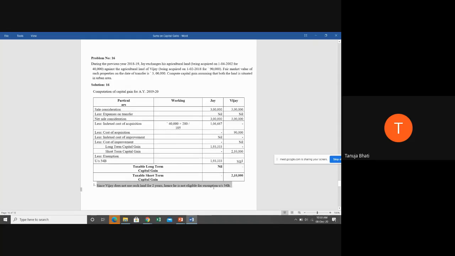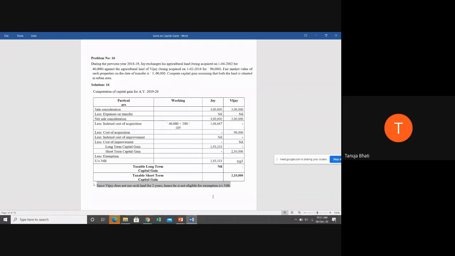Since Vijay did not use the land for 2 years, he is not eligible for deduction under section 54B. So students, have you all understood this? You can apply these different sections only if you know the conditions which I have given in your theory notes, as well as I've explained in the presentation.